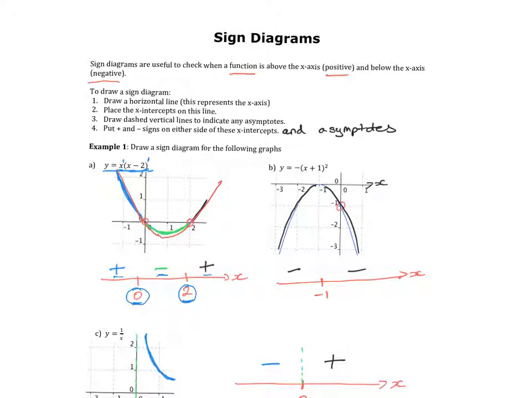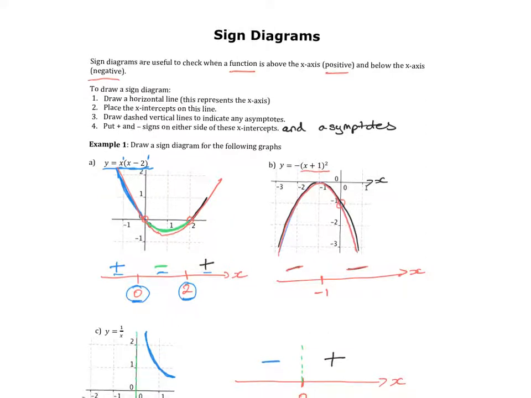But on this side over here, with x plus 1 squared, notice that the function kind of bounces at -1. It stays on the same side of the x-intercept. So on either side of the x-intercept of -1, the sign didn't change. It was negative on both sides.